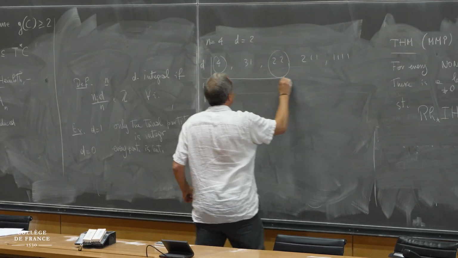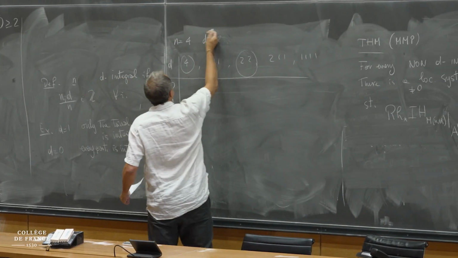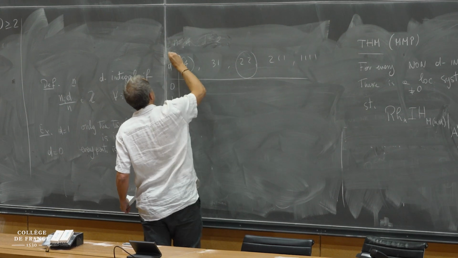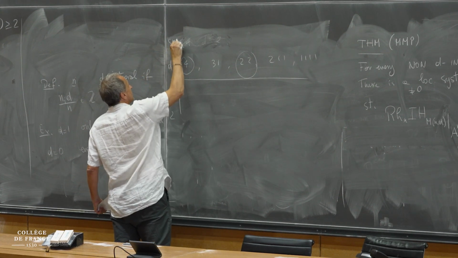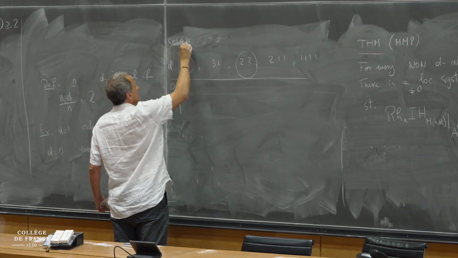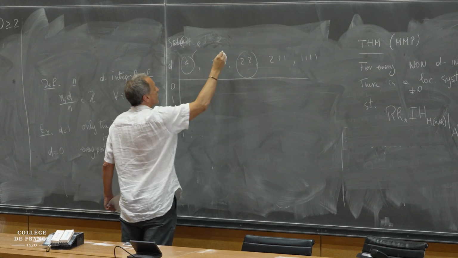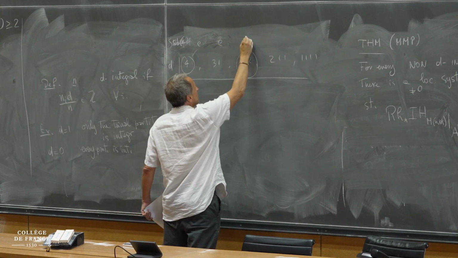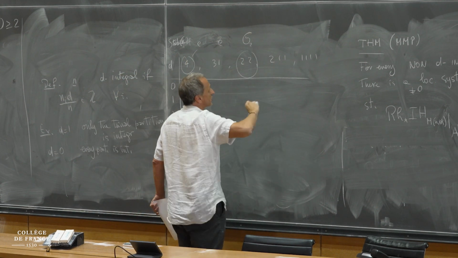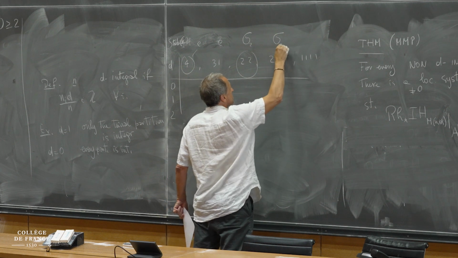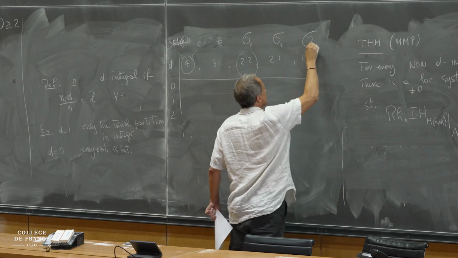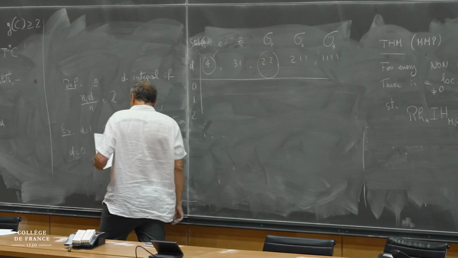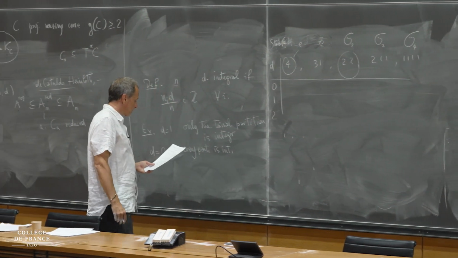So let me write down the stabilizer of the partition. Here is the trivial group, here is the trivial group, here is the symmetric group on two elements, here is the symmetric group on two elements, and there is the symmetric group on 4 elements.